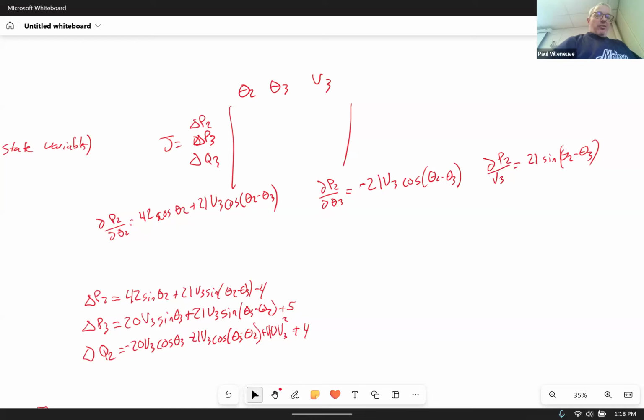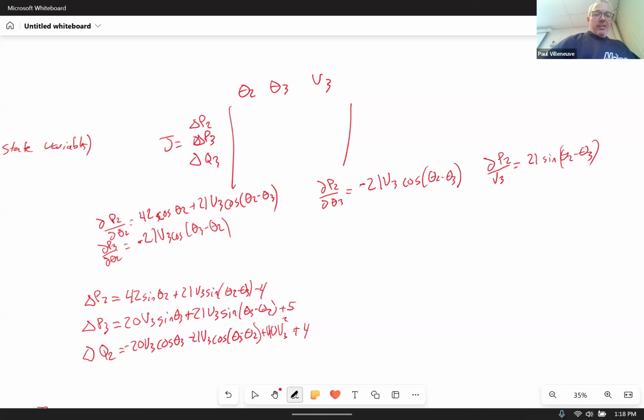Let's do the partial of P3 with respect to theta 2. All right, so that's going to be equal to negative 21 V3 cosine theta 3 minus theta 2.